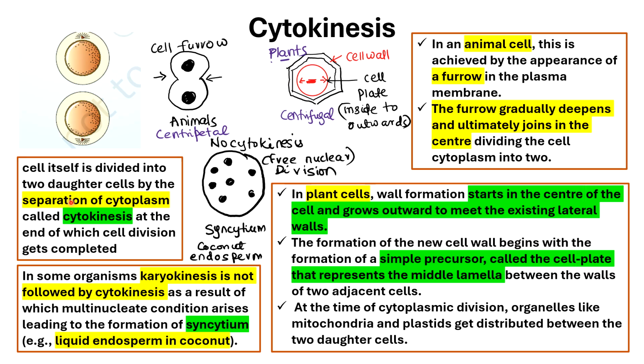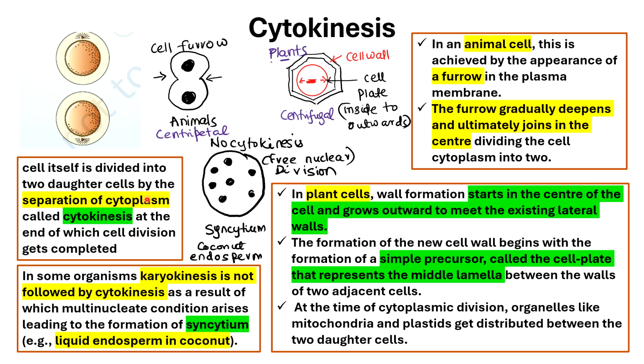The cell itself is divided into two daughter cells by the separation of the cytoplasm, and that is called cytokinesis. So first, division of the nucleus, or karyokinesis, takes place. After the nucleus is divided, then there is division of the cytoplasm.